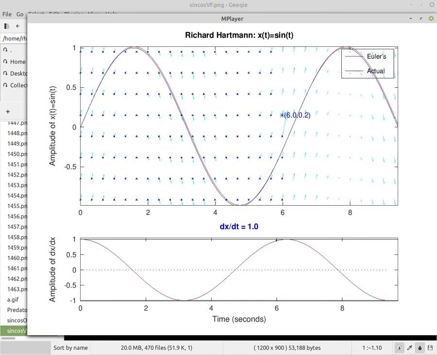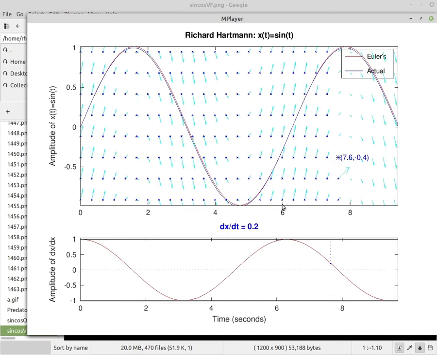So we're picking all these points within this plot, and we're going to evaluate the derivative at every single one of these points. For all these points we're calculating how fast the system x of t is changing, which of course is given by our derivative. Down here it's changing fast, and here it's not changing quite so fast, so the angle is getting a little more horizontal.